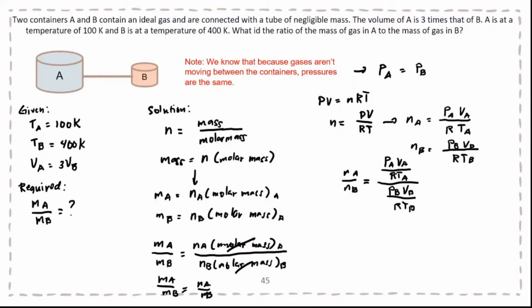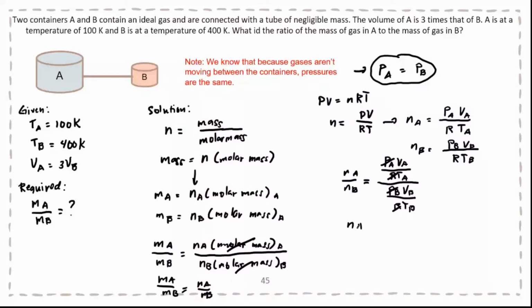So R is now cancelled. Then we know that pressure A is equal to pressure B, so the pressures are also cancelled out. So all we need to do is substitute everything that is given.